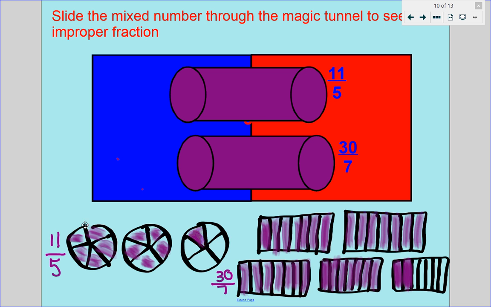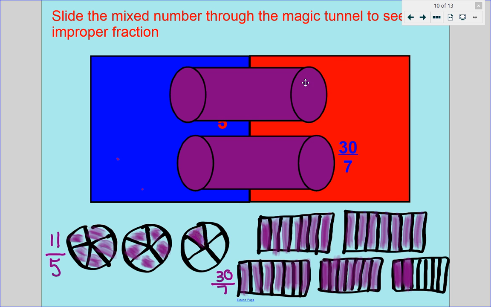Okay, so to review, you can show your picture. 11/5 would be taking and dividing it into those 3 sections, or 3 pies, and you have 2 full ones, 1 on the next part. That's where you get 2 and 1/5. And 30/7 is the same as 4 and 2/7 because we have 4 here, with 2 more over here, out of the 7 that's on that one.